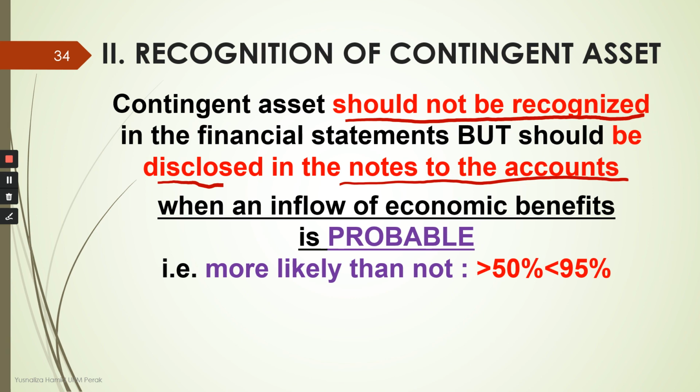So if the chances are more than 50%, that is considered probable. So the contingent asset will not be recognized in the financial statement, but we put it in the notes to the accounts, where the possible asset, the inflow, is probable.